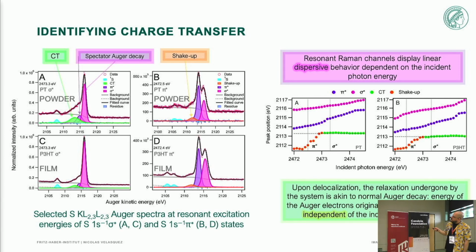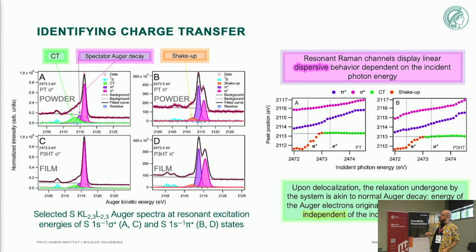And as you can see here, at photon energies around the maximum intensity of the sigma star resonance, the kinetic energy is constant. But if you go down in photon energy towards these photon energies, it begins to disperse. So this is the main reason why we could not call it charge transfer. You can also see the dispersive behavior of the Raman channels, the sigma and the pi star, and they both behave as they should.